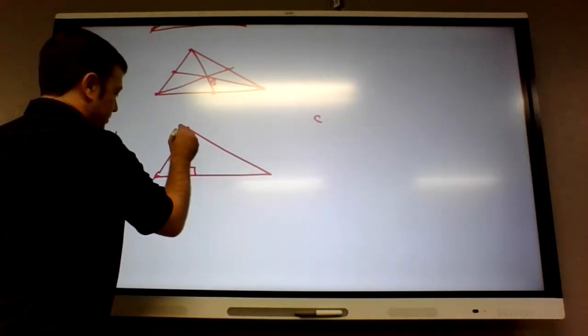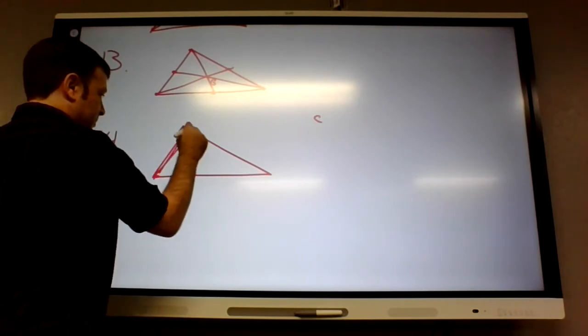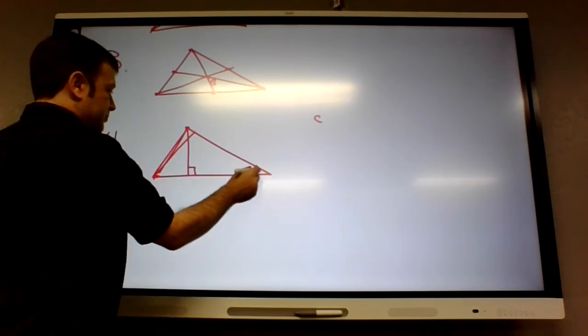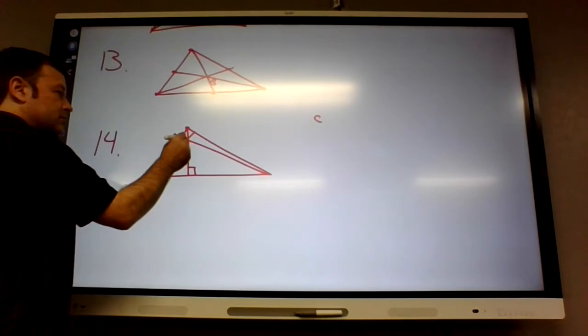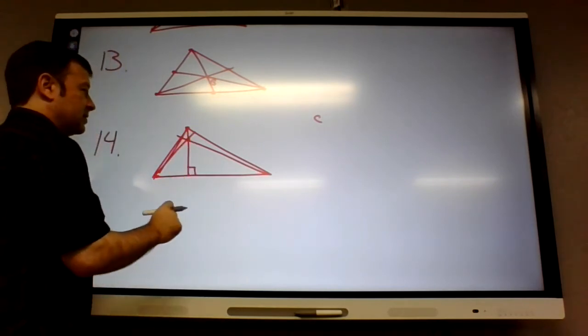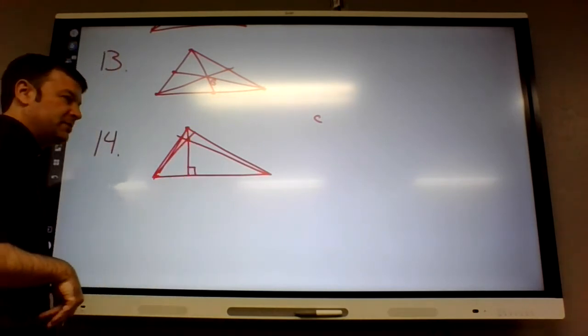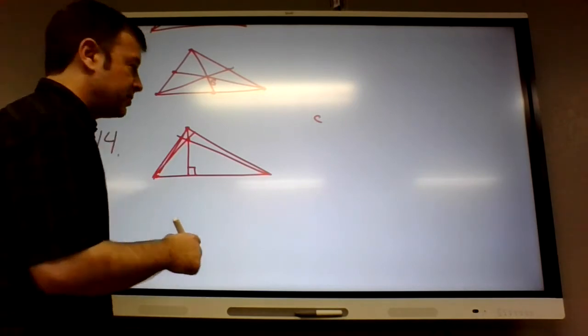I don't think I drew this angle obtuse enough. Oh well, it's not a very good drawing, but I'm gonna settle here. O is the orthocenter.